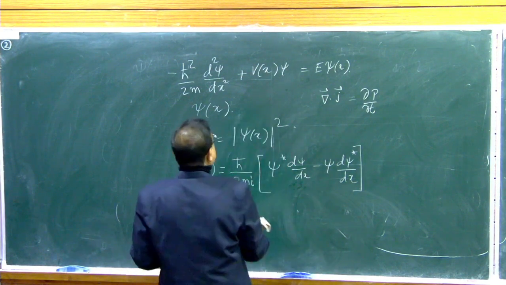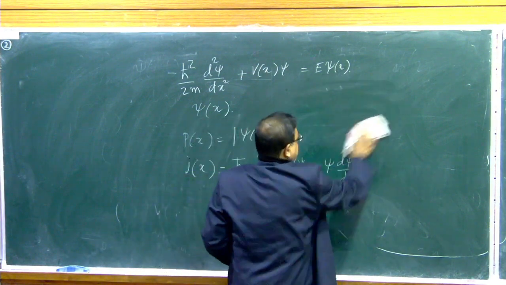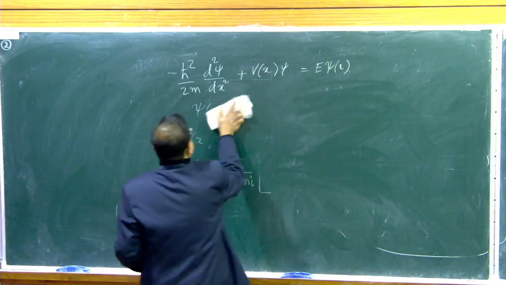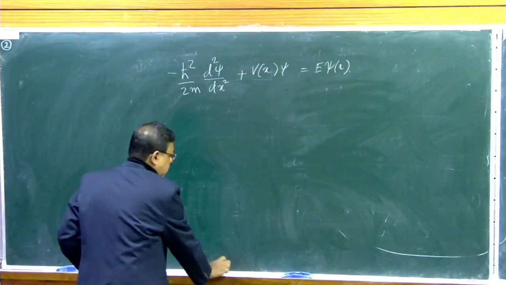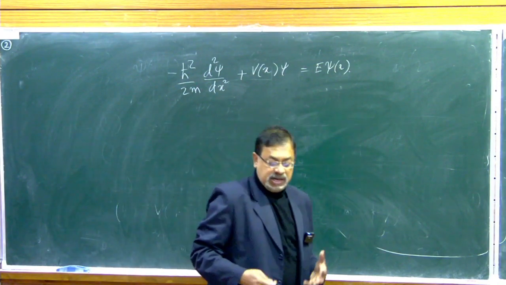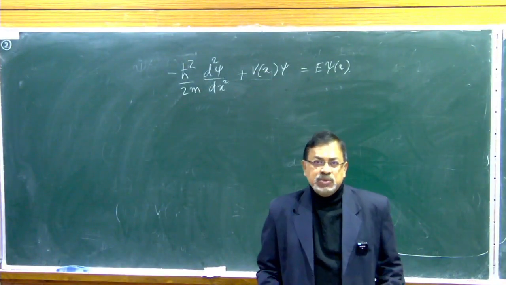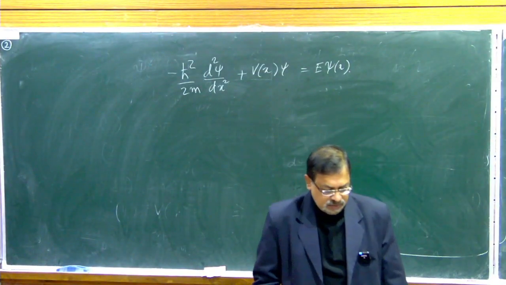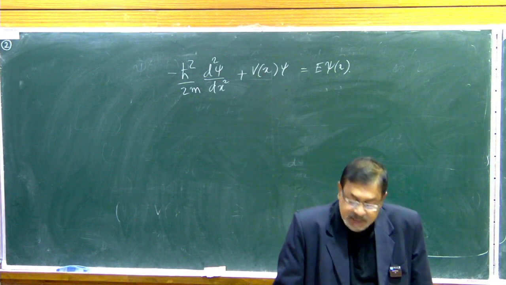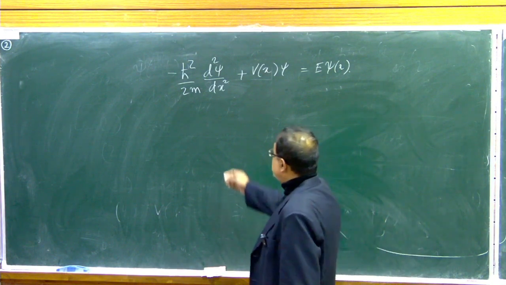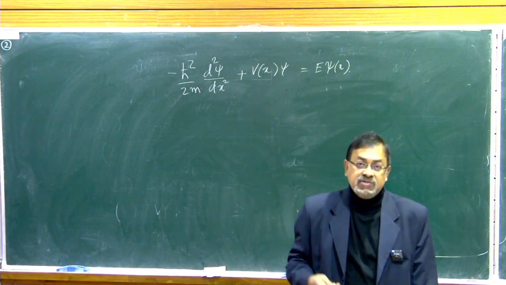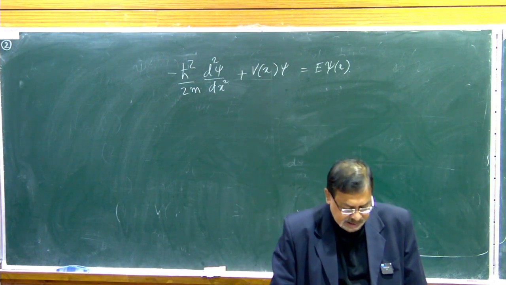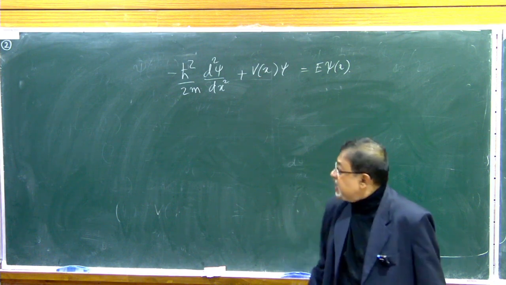So let us now see the important part, that is how to solve this equation for a given problem, for a given form of V(x). But before that, just to state the basic postulates of quantum mechanics, one of the basic postulates is of course this psi, which describes the behavior of the particle, and it must be single valued.